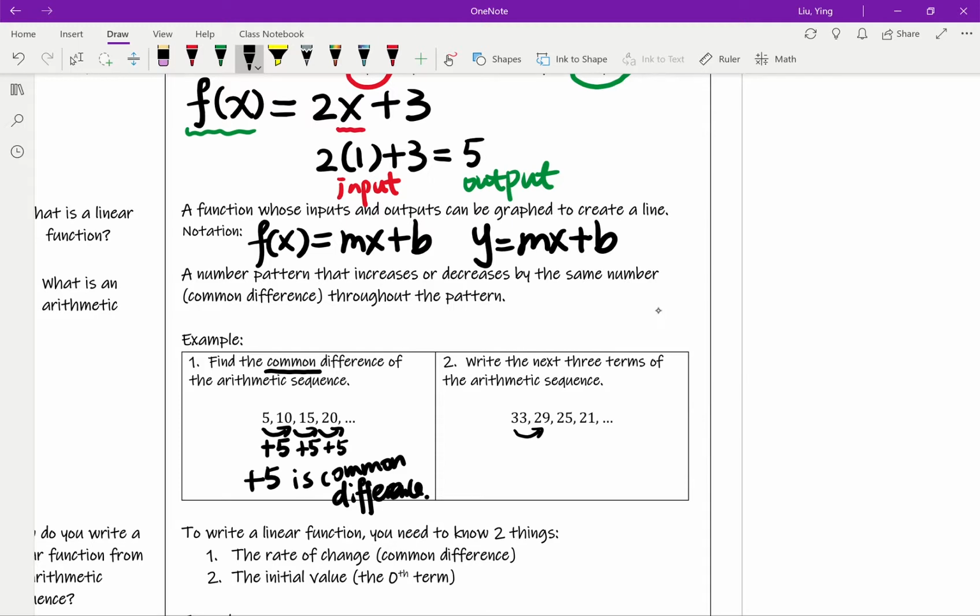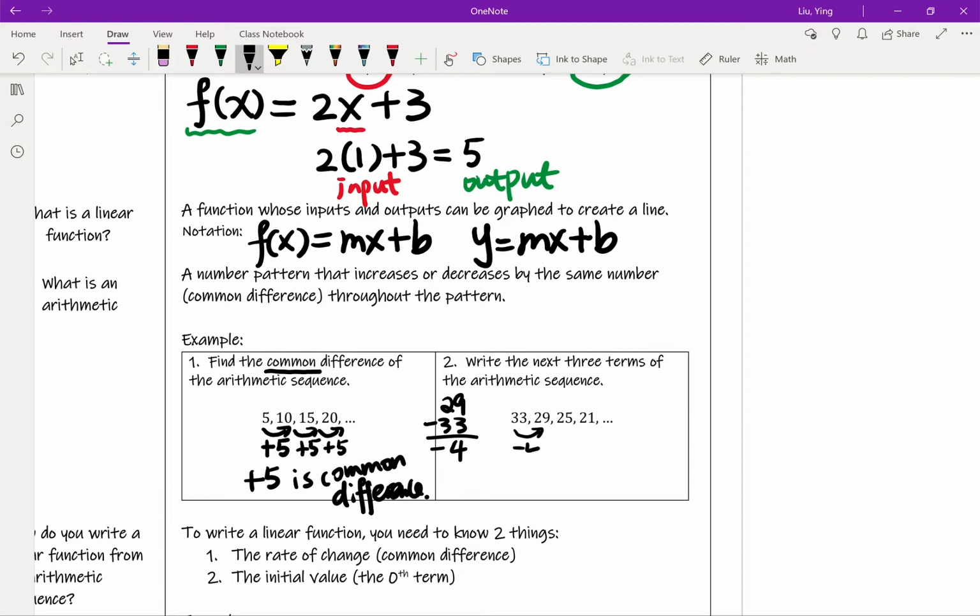We could guess a number and see if it works for each adjacent pair, but a faster way is to subtract 33 from 29 to find the difference between the two numbers. 29 minus 33 gives us negative 4.